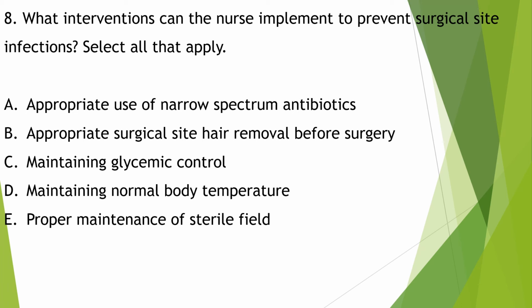As for antibiotics, we have to use broad spectrum, not narrow spectrum antibiotics, and we should also use prophylactic antibiotics which are appropriate for the patient. And we need to remove the hair before the surgery from the surgical site, maintain the glycemic control of the patient, maintain normal body temperature, and the sterile field should be maintained.